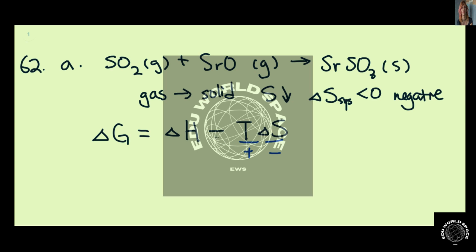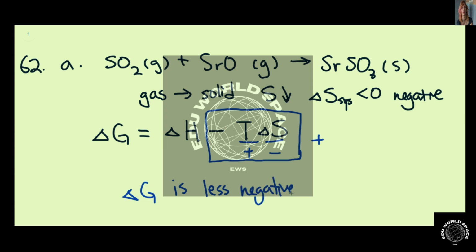Minus T delta S, this part will result in a positive number. So now delta G is equal to delta H plus a positive number. Then we know that delta G is less negative than delta H.